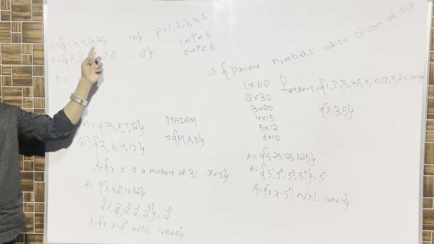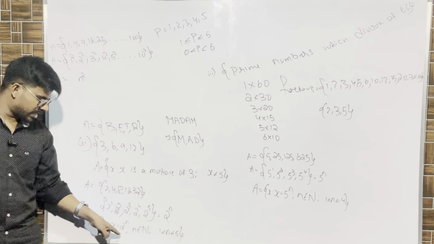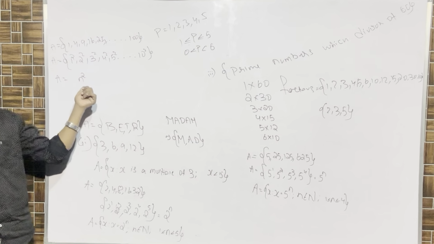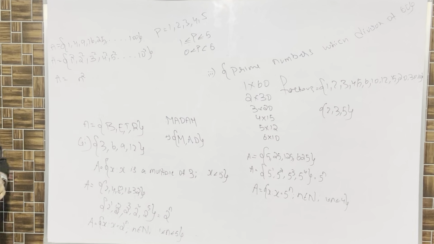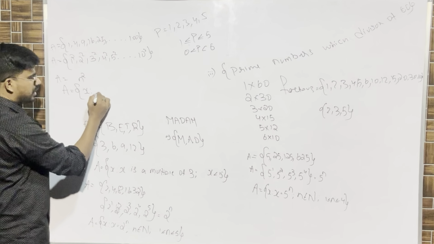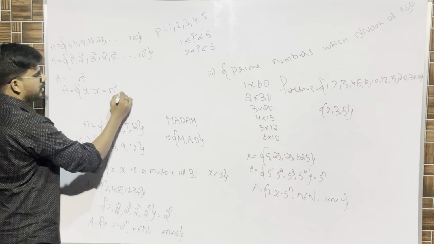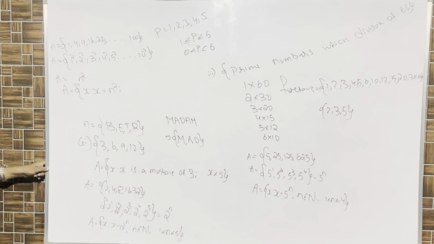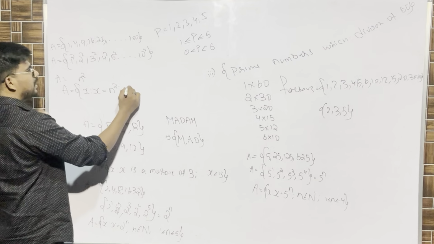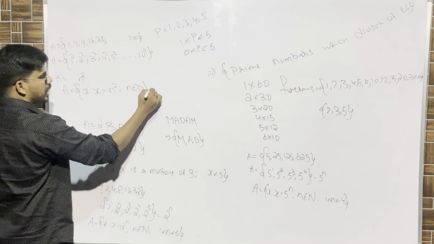Clear? What is same, what is changing, that you have to identify. Here, base was same, power is changing. That's why I have taken base 2, and power the one which is changing with a variable. Here, base is changing, that's why n, and power is same, the same I have written. So, A is a set wherein x is a variable such that x is equal to n square. Setting the limit of n or x? n. What is n? n starts from 1 to 10. n belongs to natural numbers.